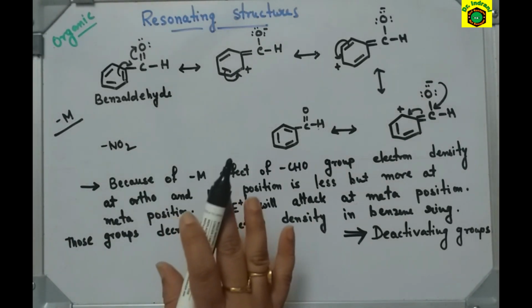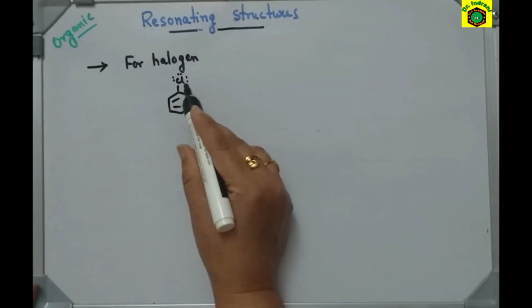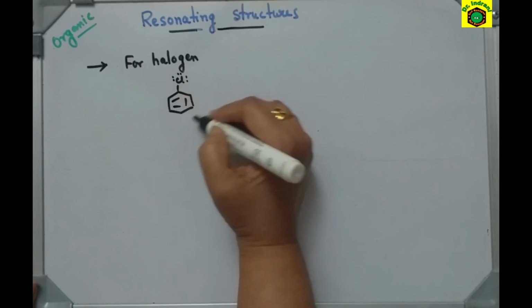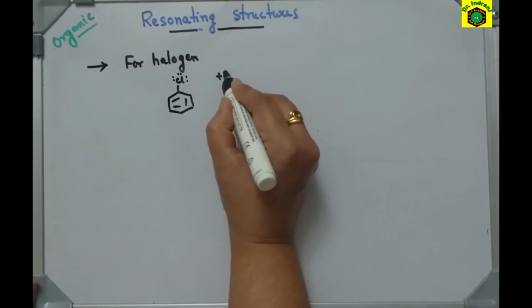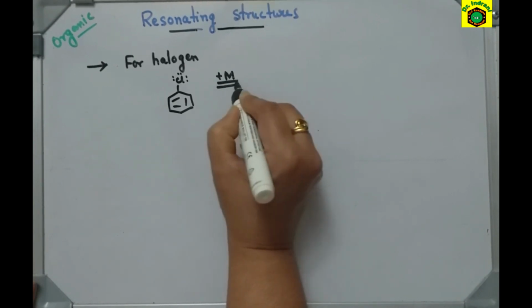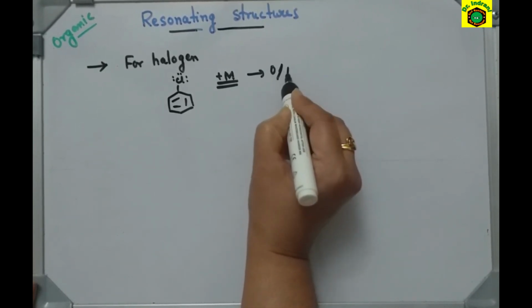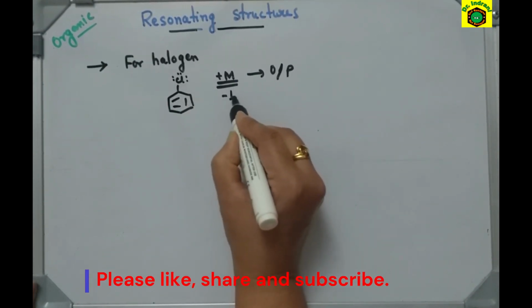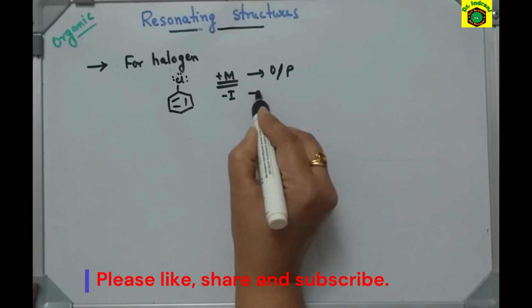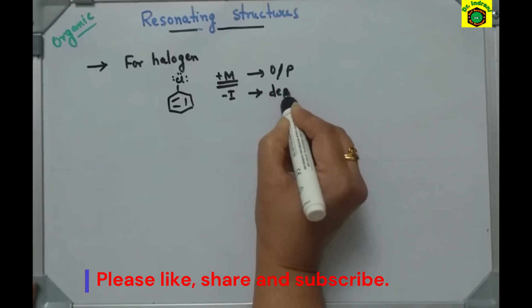So is it clear, activating groups and deactivating groups? Now see, halogens, if attached to a conjugated system, have a plus M effect, and due to plus M effect it is ortho-para directing. But it also has a minus I effect. That's why it is a deactivating group.